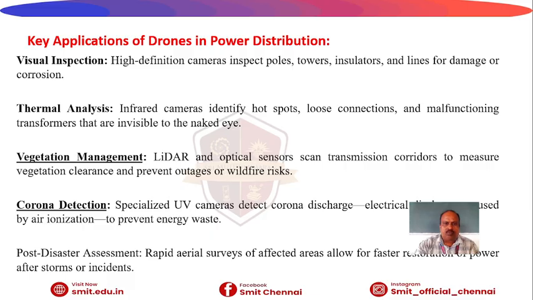In thermal analysis, infrared cameras identify hot spots, loose connections and malfunctioning transformers that are invisible to the naked eye. So where things are invisible to view, we can use thermal analysis of hotspots with the drone, and easily find out problems and which parts are functioning or malfunctioning.